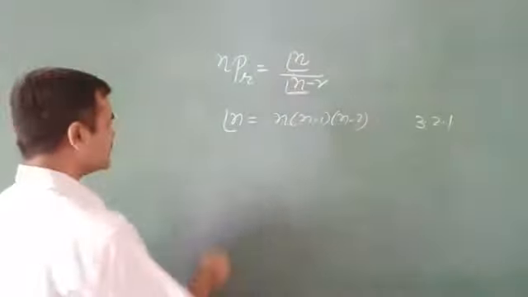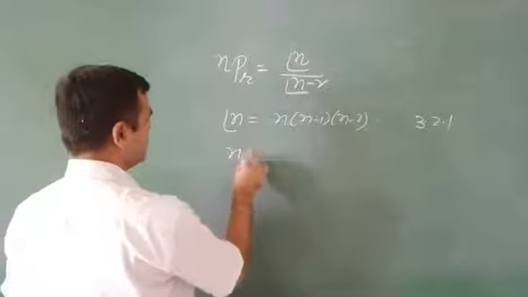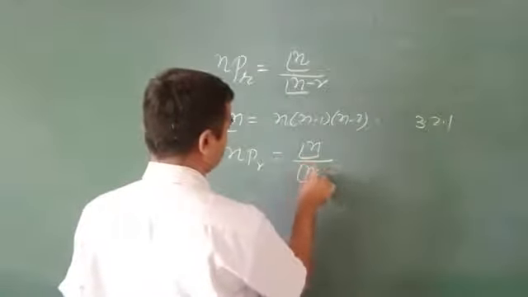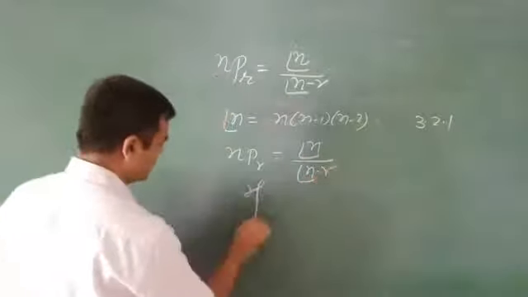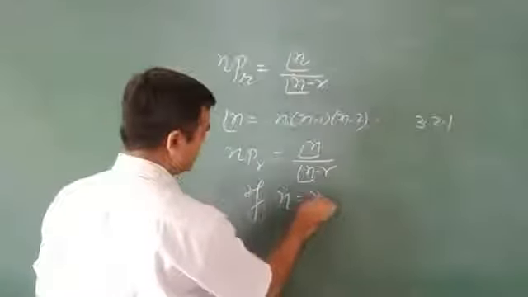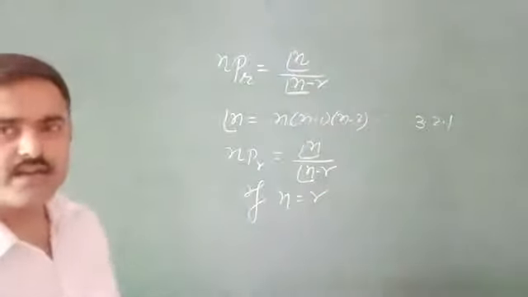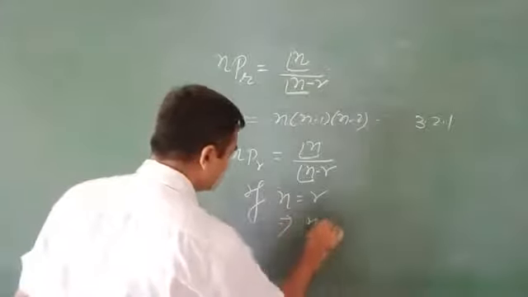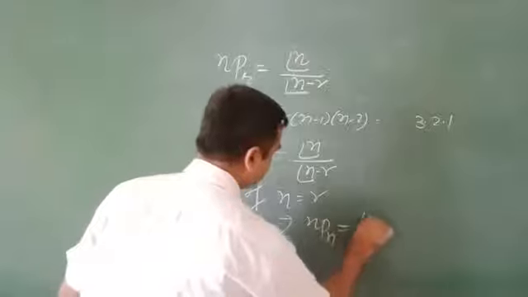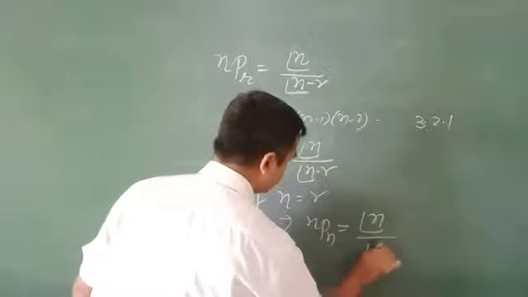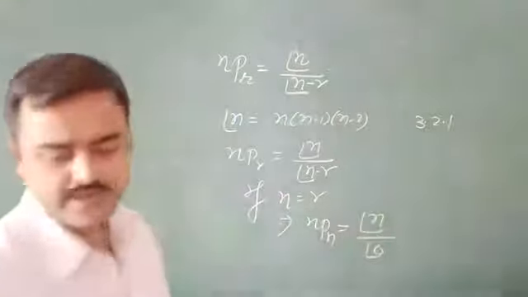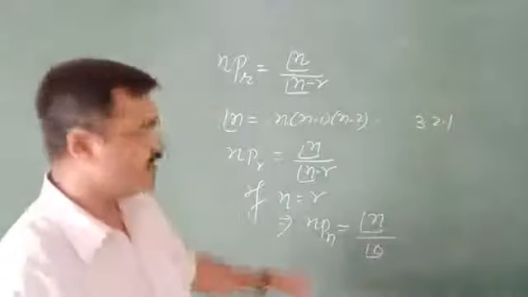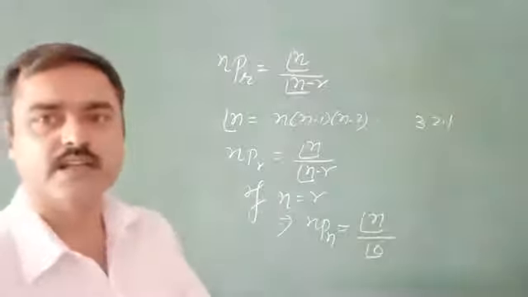See, in nPr equals factorial n upon factorial n minus r, if n equals r, then nPn equals factorial n upon factorial 0. And nPn is known as factorial n.